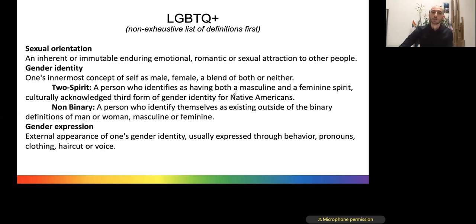While gender expression is the external appearance of one's gender identity that is expressed through behavior, clothing, haircut, voice, and pronouns. So for the biology part of us, you can think of gender identity as the genotype of a person and gender expression as the phenotype.